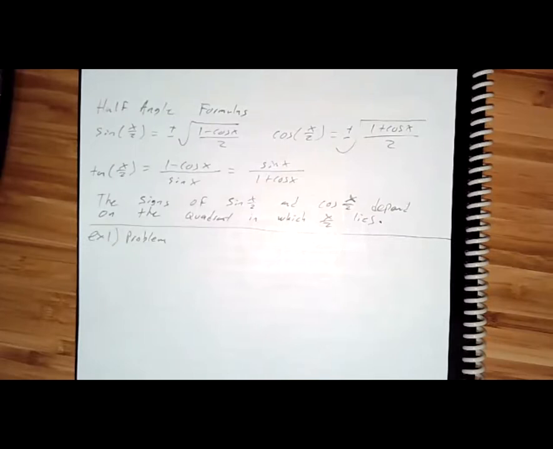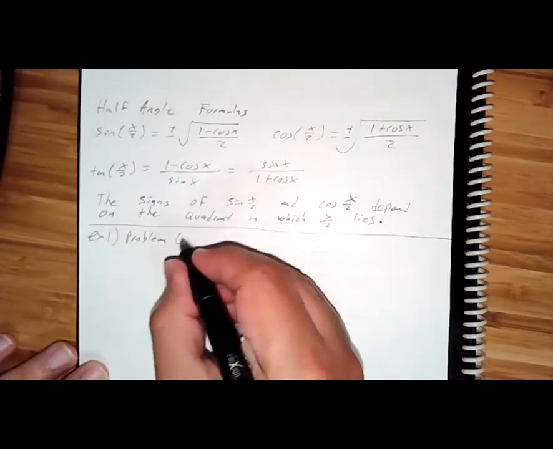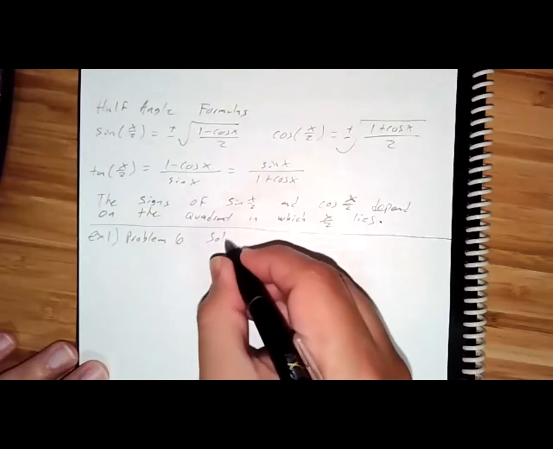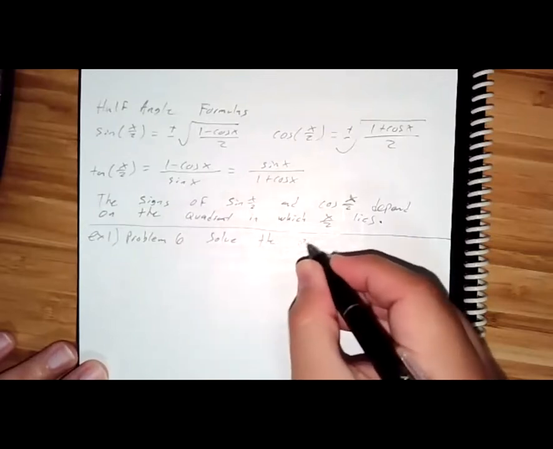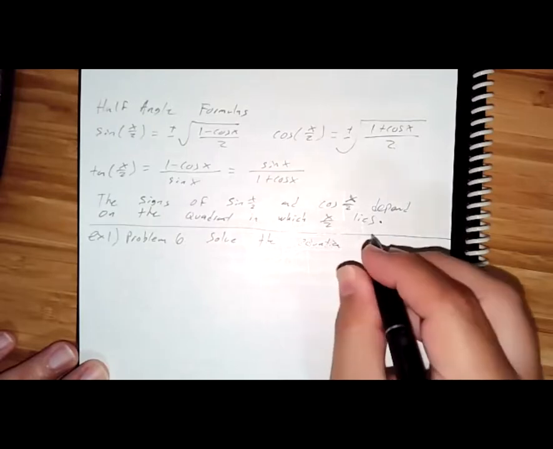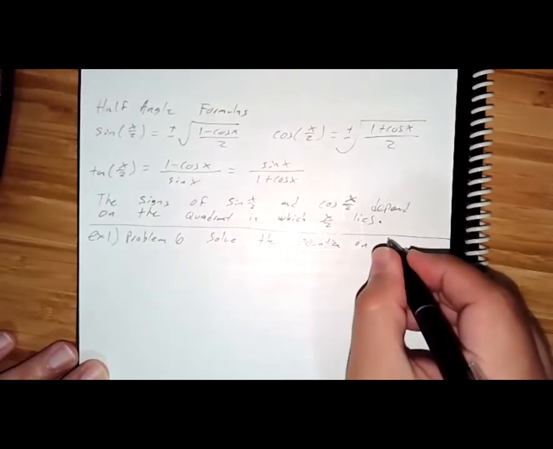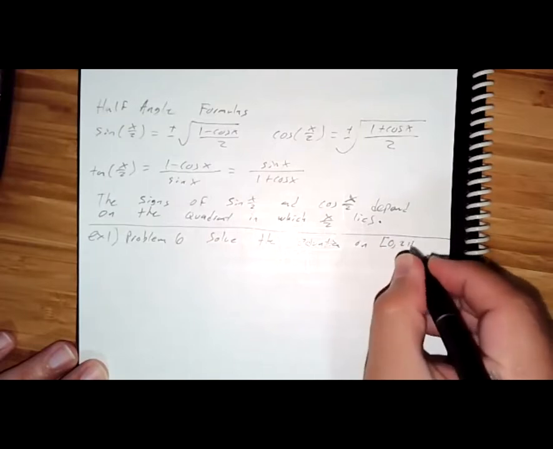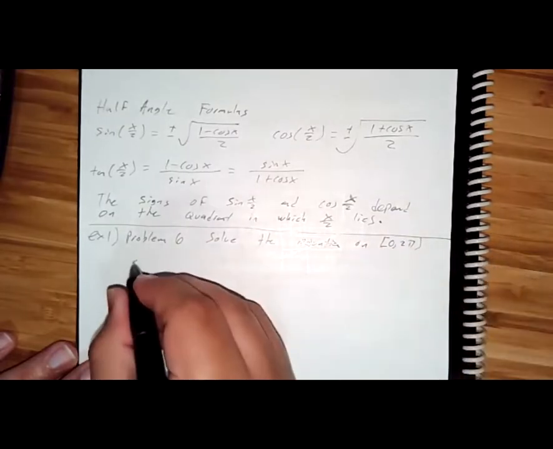Okay. Now let's go back to the homework. Problem 6. Solve the equation on 0 to 2 pi. So it's the same thing.